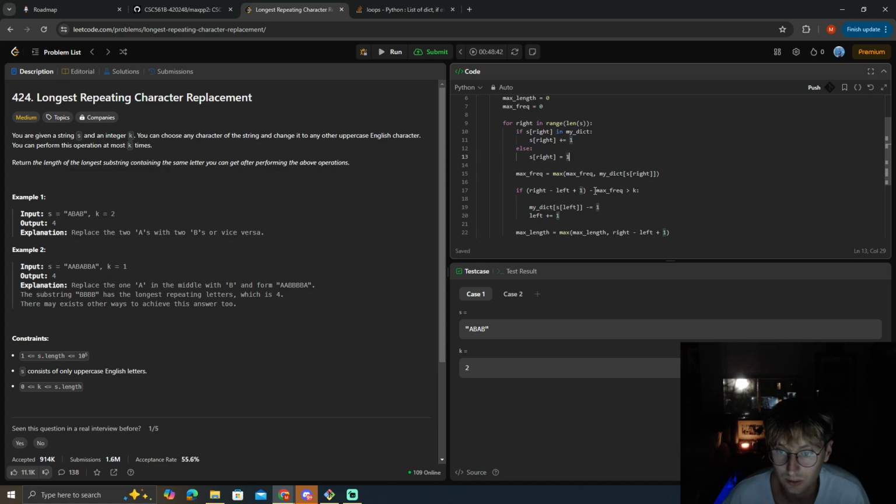If right minus left plus 1 minus the max freq, the window size from left to right minus the frequency, exceeds the allowed replacements.